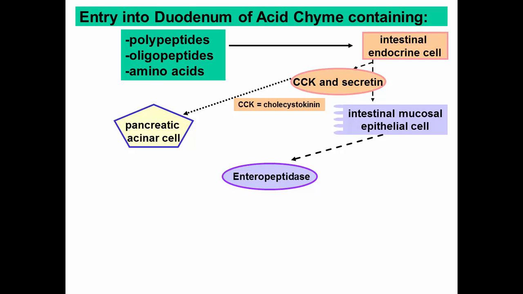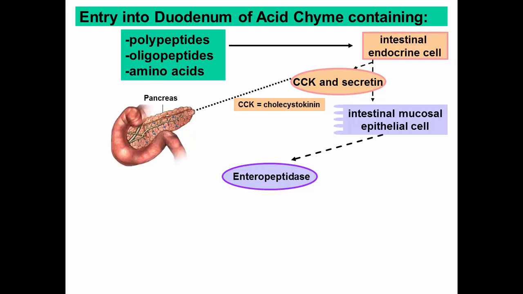I'm animated here, so we'll move up first to the effect of the CCK and secretin on the pancreas. So the pancreas will release trypsinogen, a proenzyme, and at the same time it's also releasing bicarbonate, right? And anybody remember what the purpose of the bicarbonate is?